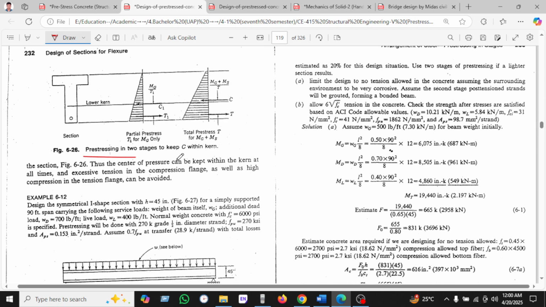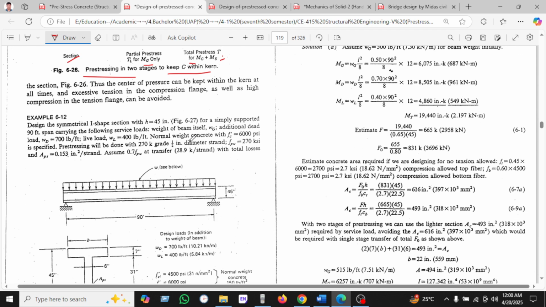The prestress in two stages keeps the C within the kern. We will see this is the section in partial prestress: T1 for girder moment only, and the total prestress T for girder moment plus M_S, and the stress diagram will be the same.